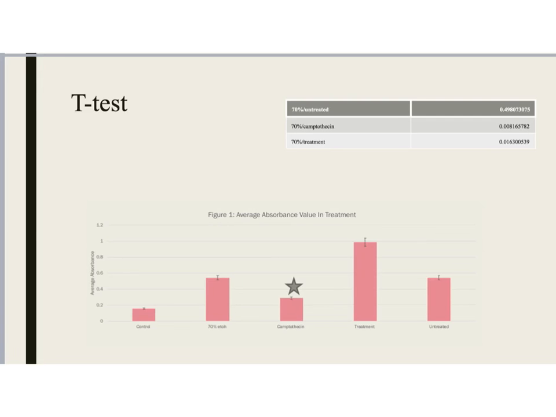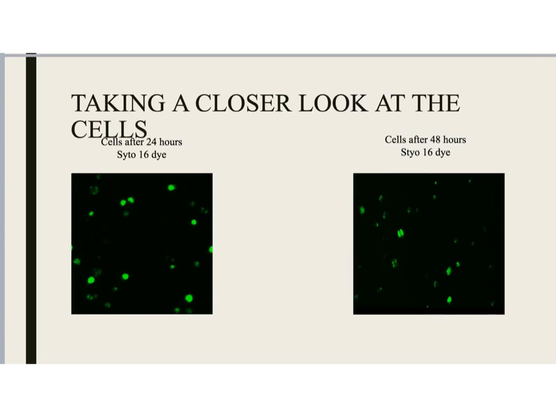These cells were treated for 24 hours in this figure, and in the graph, these are the average absorbance values in treatment, and the t-test only showed significance when using the Campathin, which was our positive control. So next, let's take a closer look at the cells.